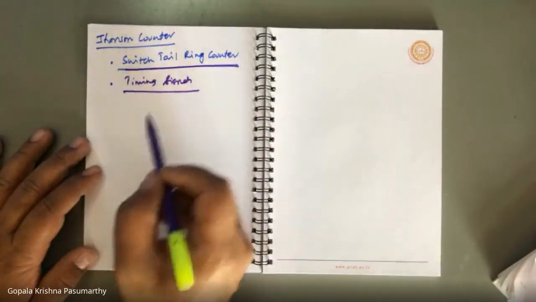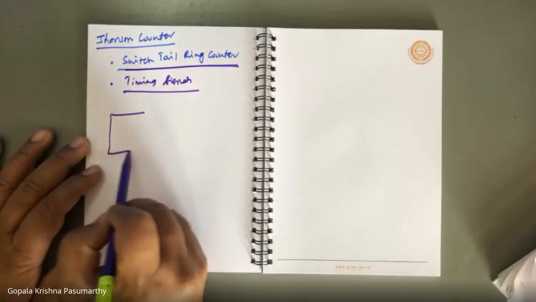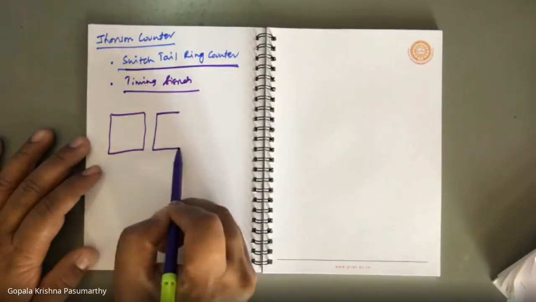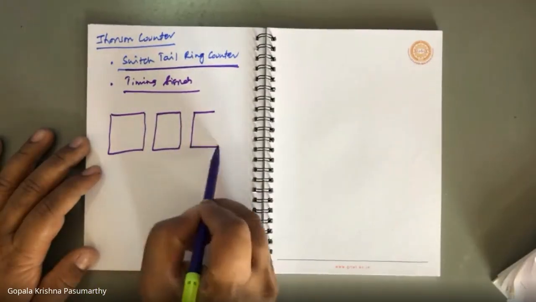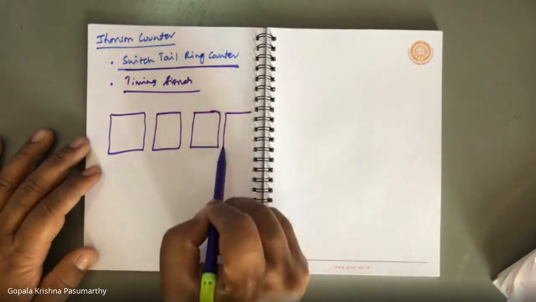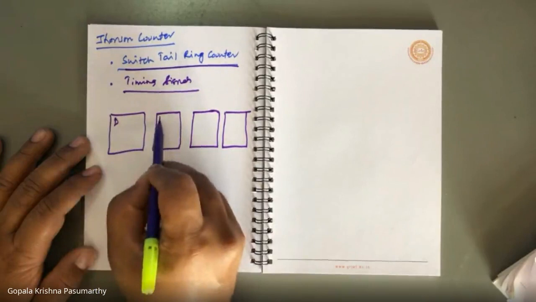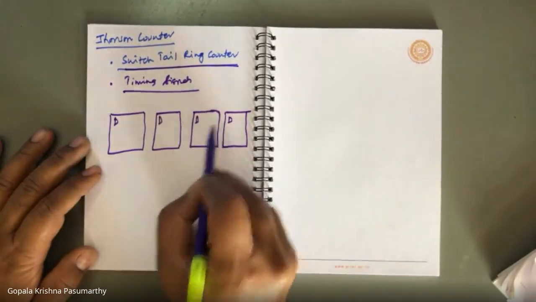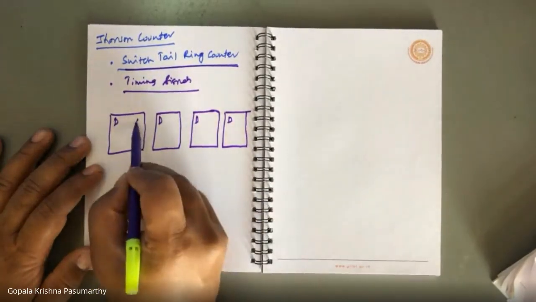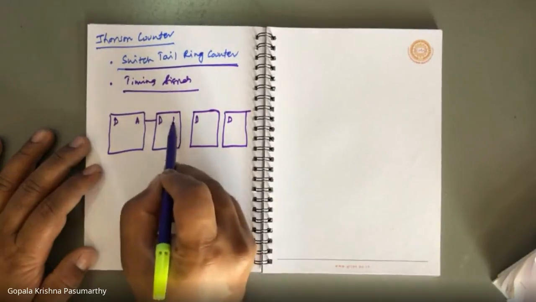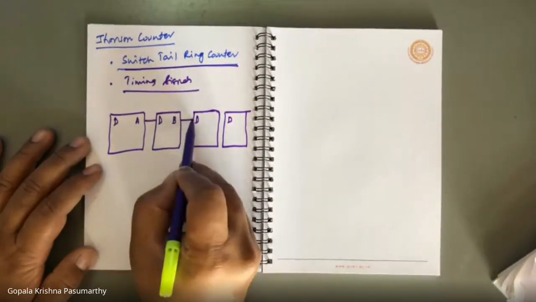Since it is called a switch tail ring counter, the design looks like this. 1, 2, 3, 4. All 4 flip-flops are of type D. The output of the first flip-flop is A, connected to the input of the second flip-flop. The output of the second flip-flop is B, connected to the input of the third.